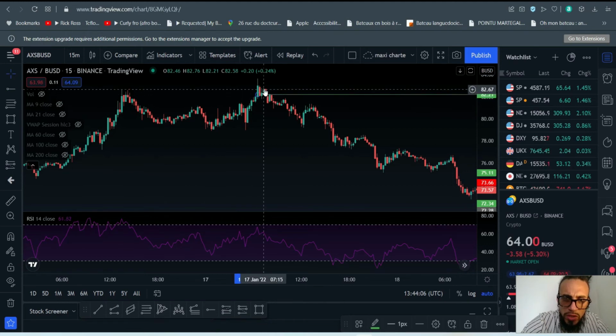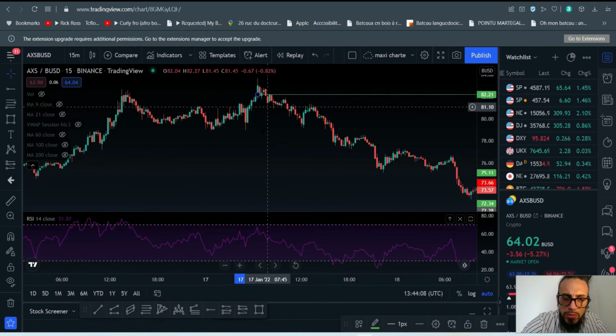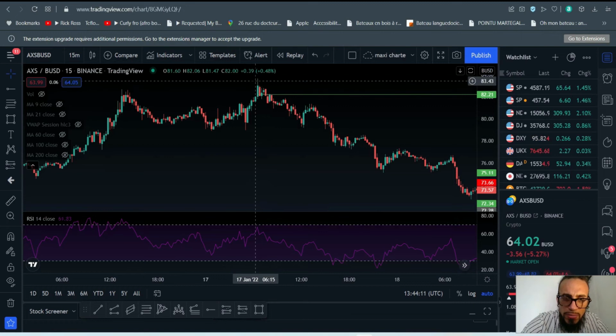Boom. This candlestick right here, I would use it as POI, knowing that there might be something up in here as well. All right.